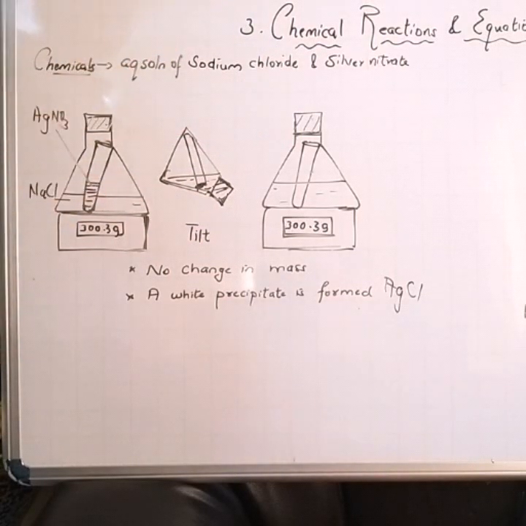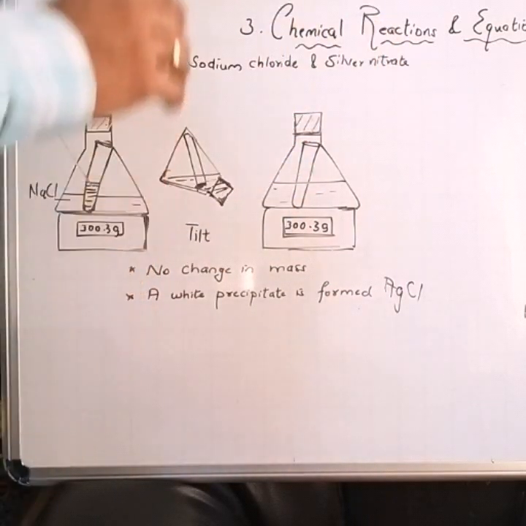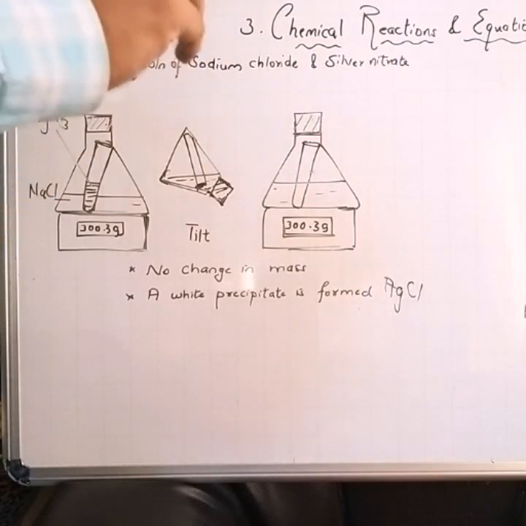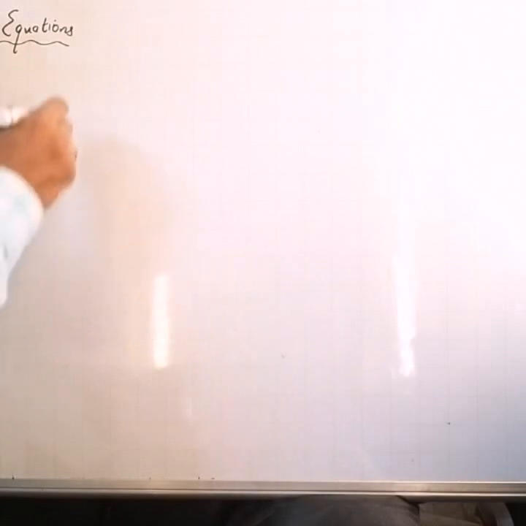Now the reaction has taken place, a new product is formed. We have to write this reaction using a chemical equation. How will we write this? Look at the board. First I will write the reaction in words.